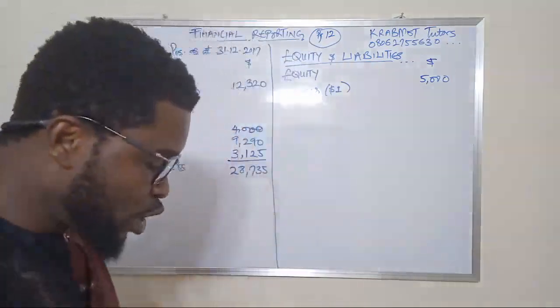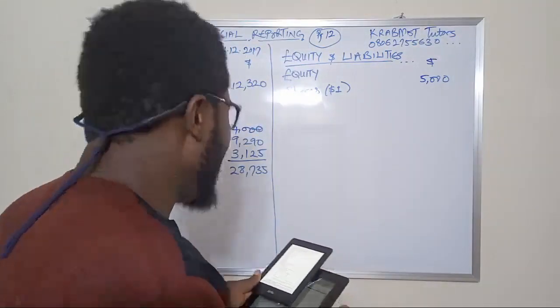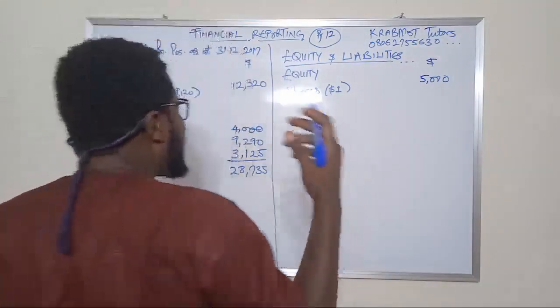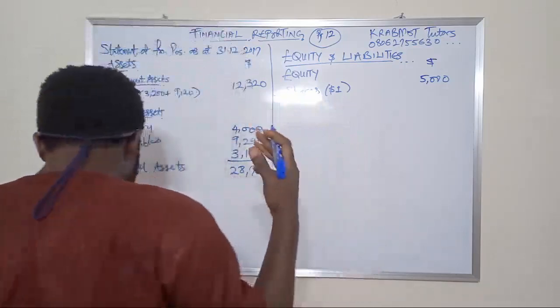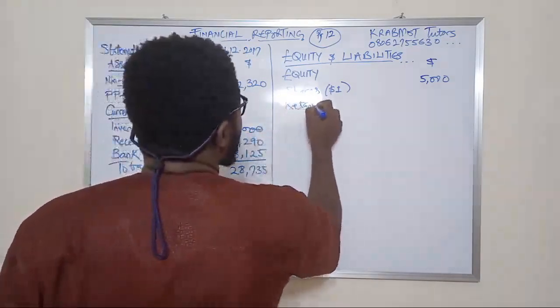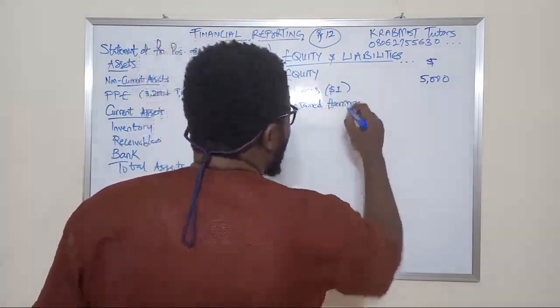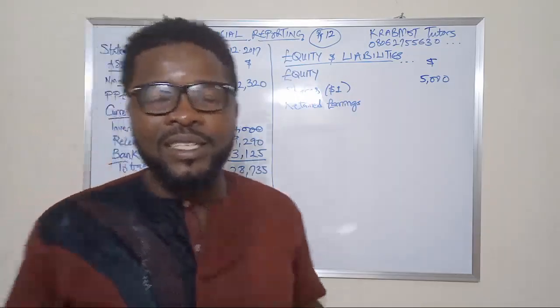So what other things do we have here that will go into equity? From your format, which you should have known now in your head, we have retained earnings. What are retained earnings?